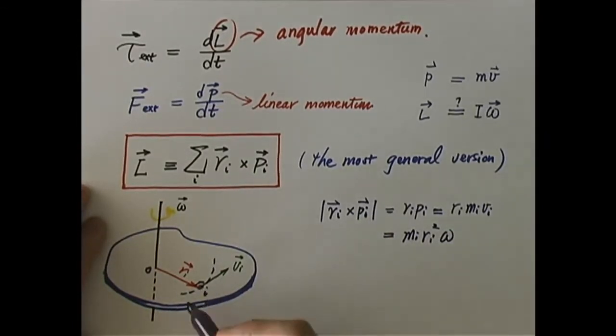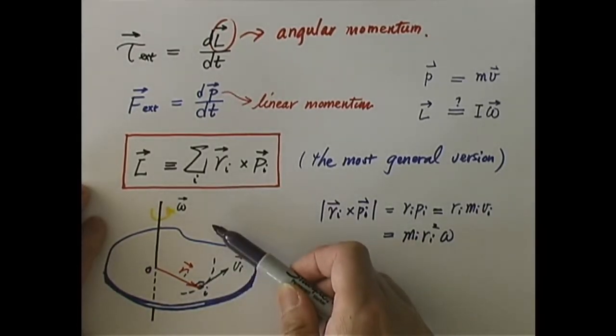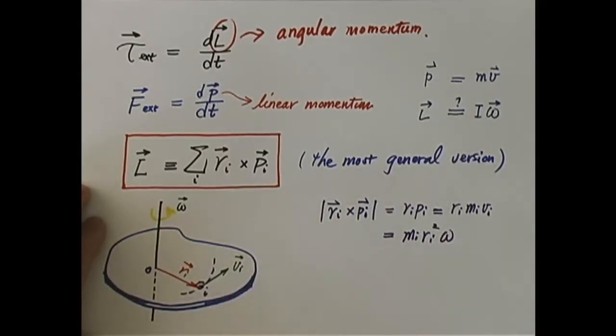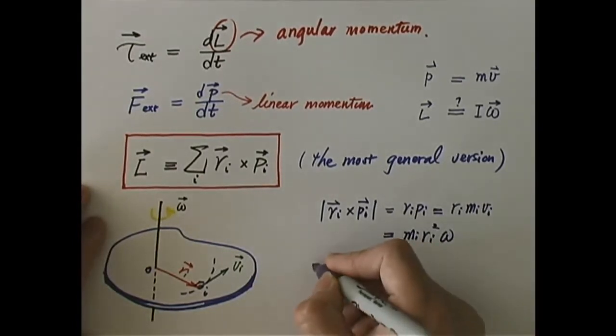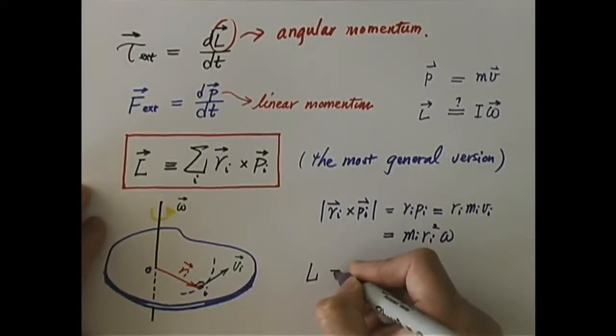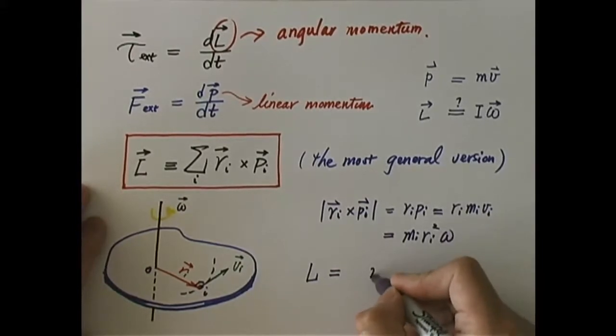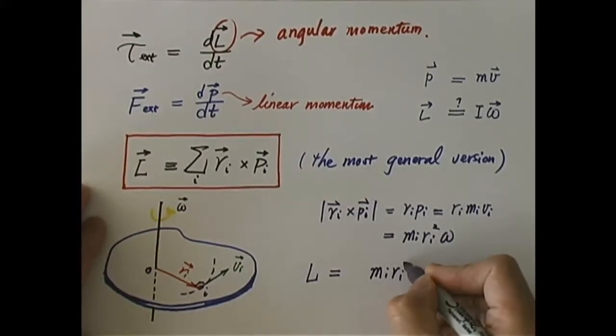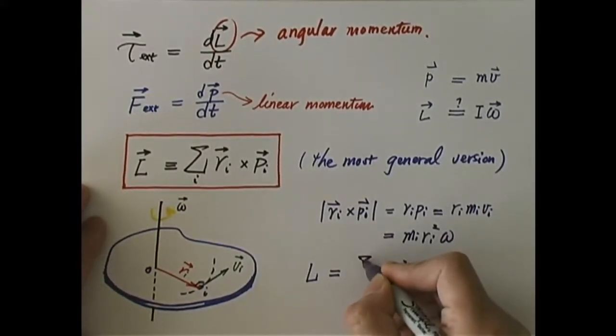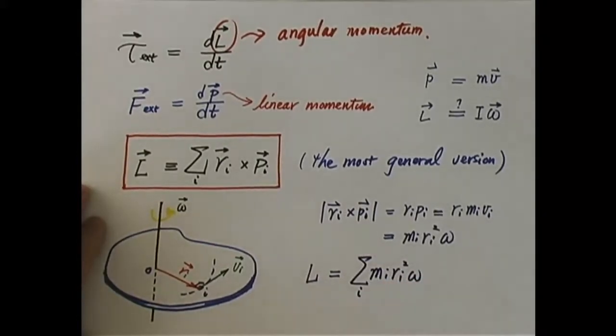Now remember, every single particle contributes an angular momentum in the exact same direction. So as far as the angular momentum for the entire object is concerned, all I have to do is sum over all these magnitudes because they're in the same direction. So the angular momentum of the entire object, as far as the magnitude is concerned, is just the sum over i for everything throughout the entire object.